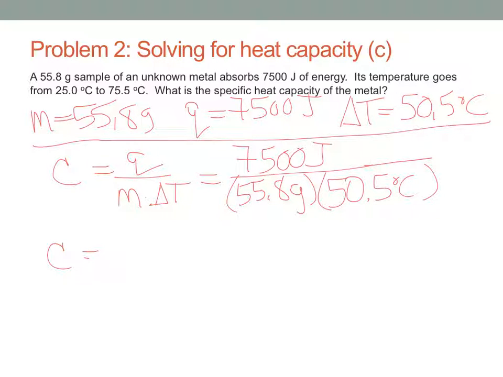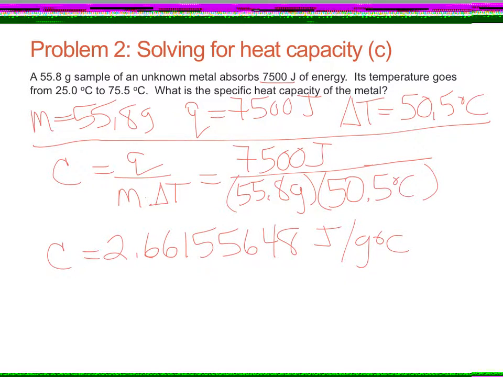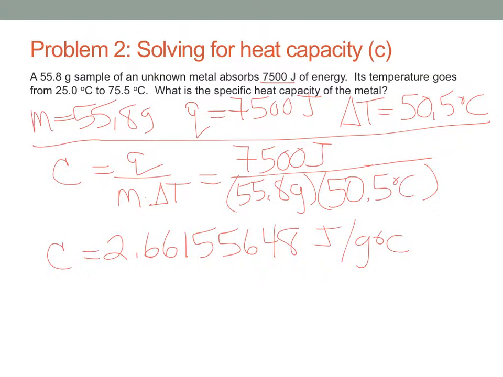So C turns out being equal to 2.661555648 joules per gram degree C. And even though that's what the calculator says, we know better. We know that we should be rounding this to 2 significant digits because of our number of joules.